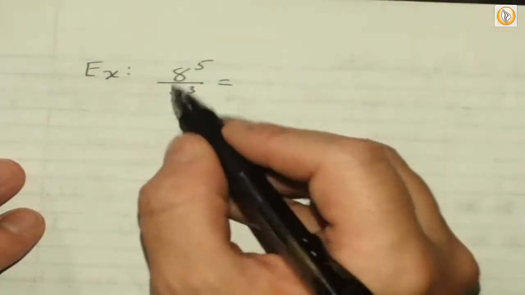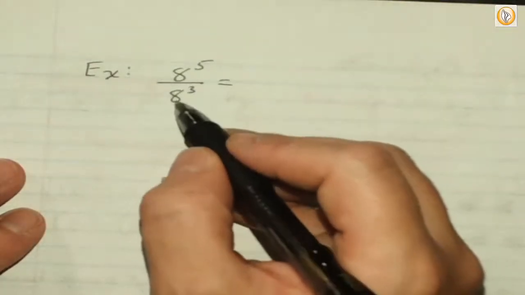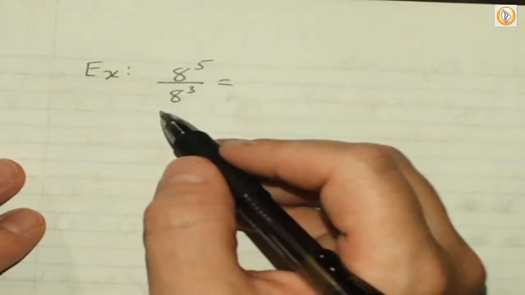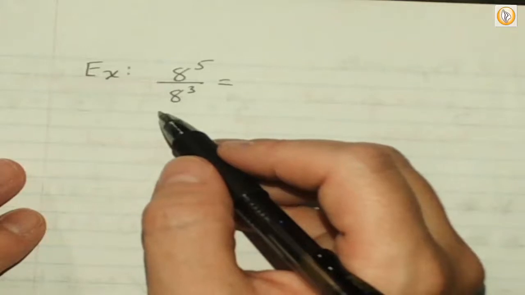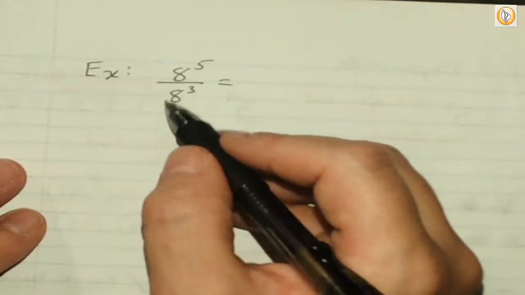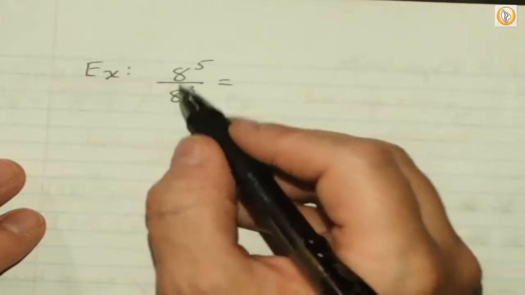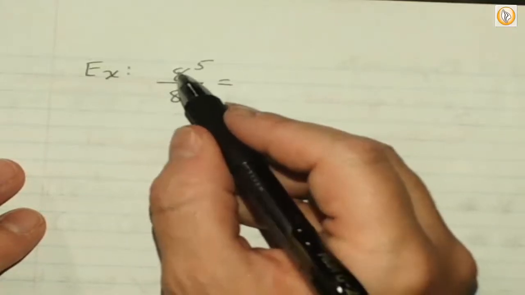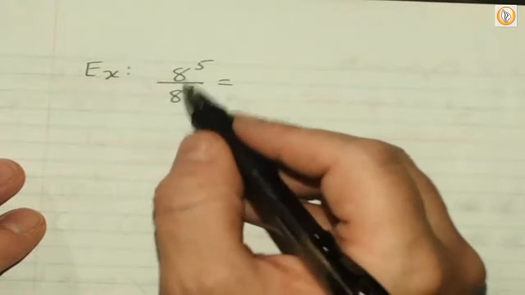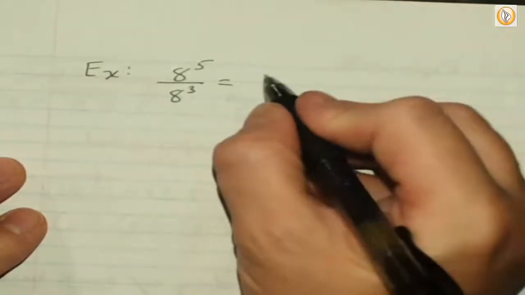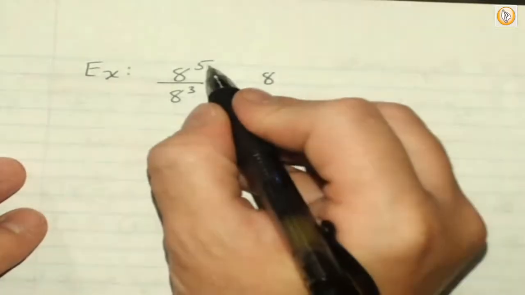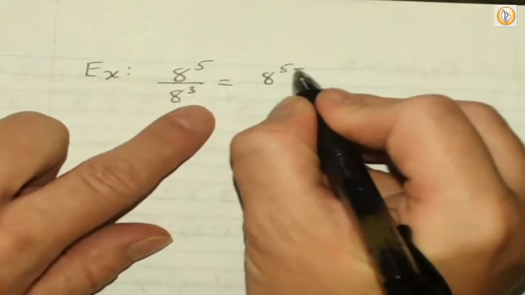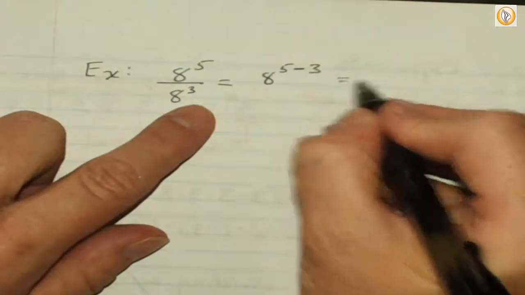Are the bases the same, Emily? Okay, so what am I doing to the exponents? If we're dividing, because it's a fraction, then we subtract exponents. Make sure the top number goes first minus the bottom number.